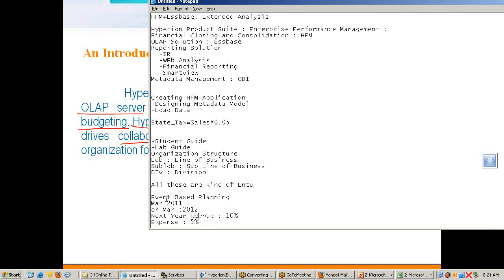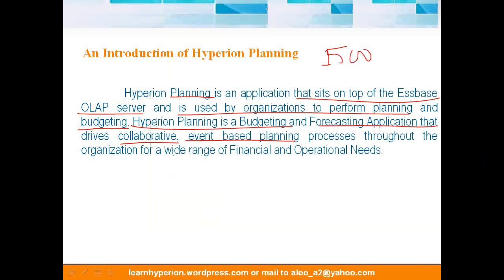So business event-based planning says you redefine your plan based on business events. Hyperion planning is implemented at the complete organization level, not at an individual department, and addresses all financial and operational needs.